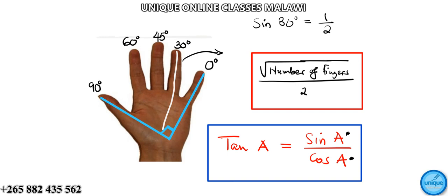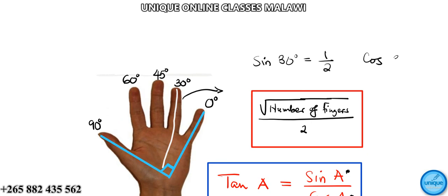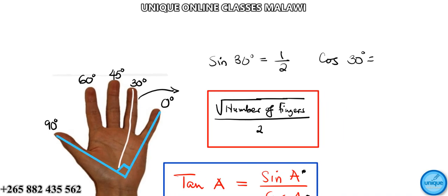What about the cos 30? Here, cos 30 degrees is equal to how many fingers to the left? Finger number 1, finger number 2, and finger number 3. So cos 30, that's root 3, then divided by 2.